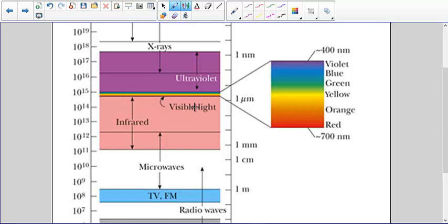Whereas for light, what's happening is electrons moving between different energy levels in the electron structure of a molecule.